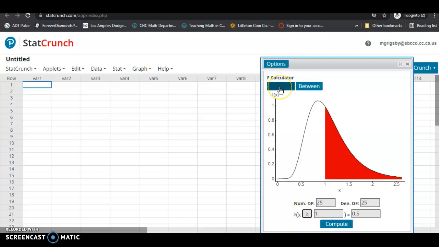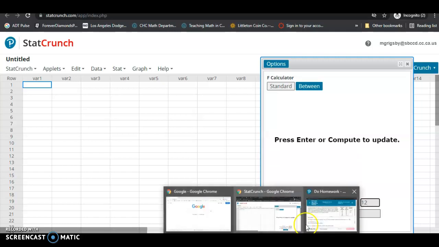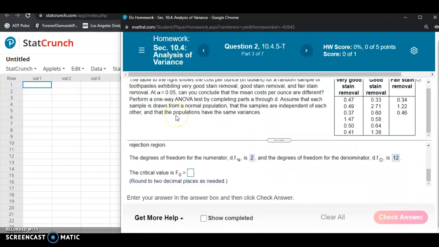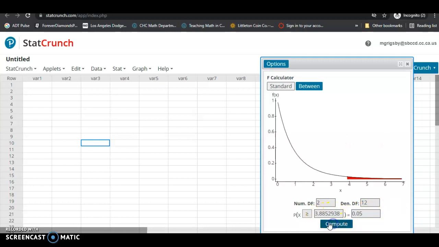Okay, so make sure the standard box is selected. The numerator degrees of freedom was 2, and the denominator degrees of freedom was 12. And our level of significance was 0.05. So we're going to enter the level of significance in this box here, and then the critical value will appear here.